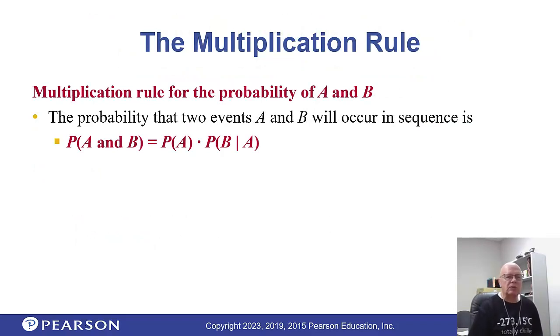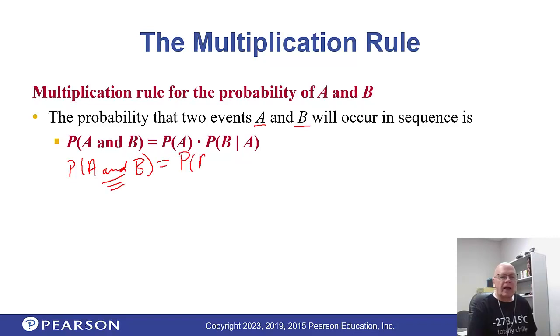Now the multiplication rule. Now this says we're talking about two events, A and B, talking in generic terms, and they're happening one after the other. So we're saying the probability of A and, notice the and, B, is the probability of A times the probability of B given that you already had A. And what do we have?